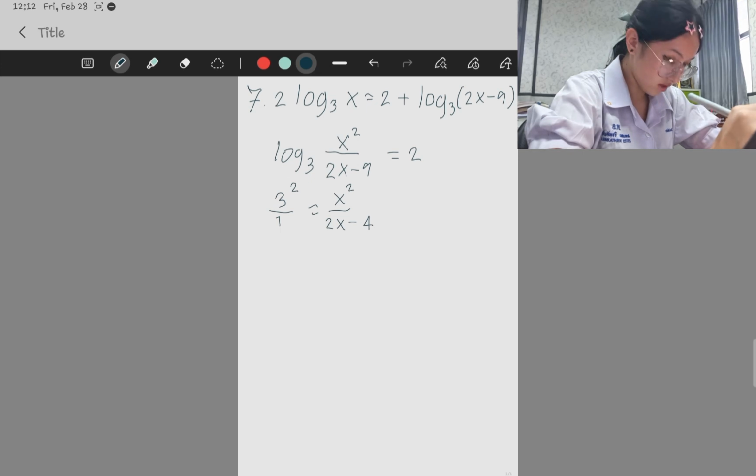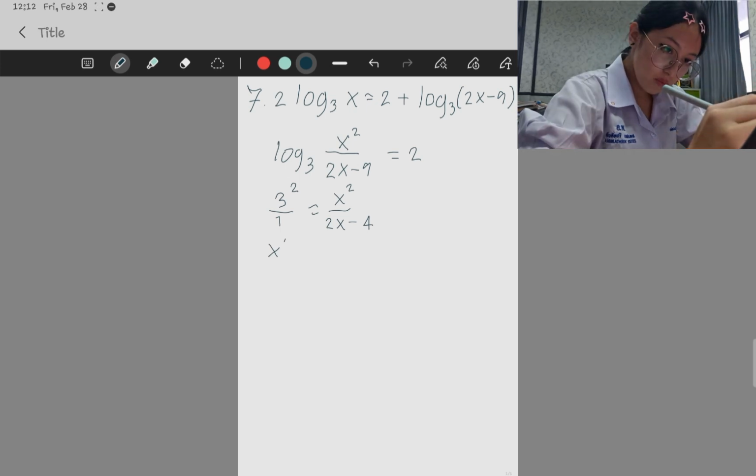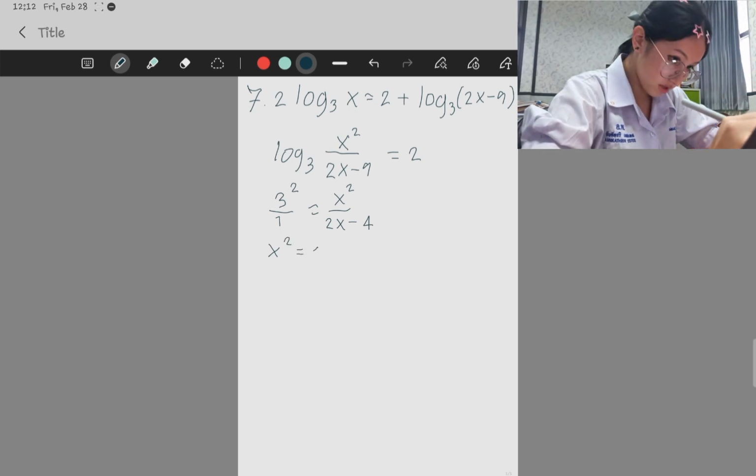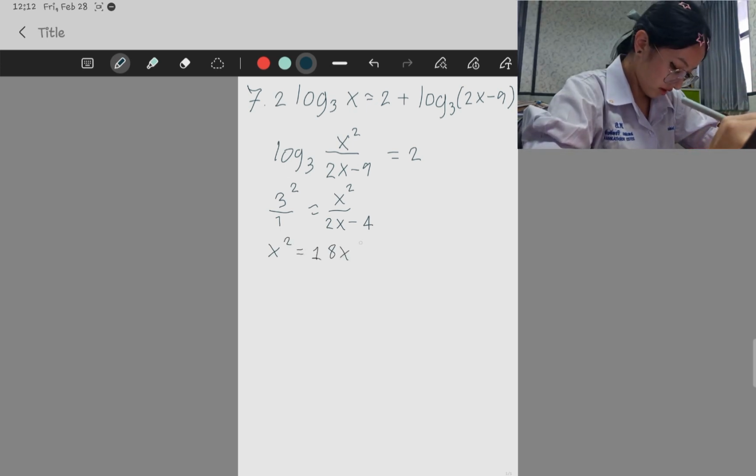Next step is x squared equals 18x minus 81.